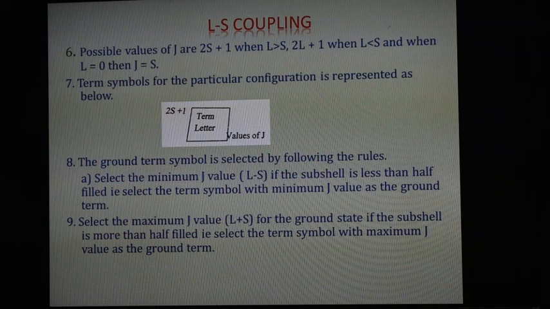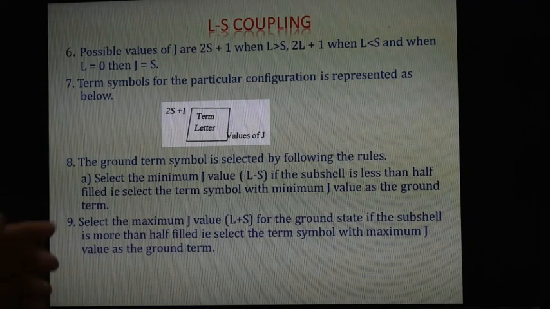In the next slide, the sixth important point is that the possible number of values of J is 2S plus 1 when L is greater than S, and 2L plus 1 when L is less than S, and when L equals 0, then the value of J is equal to S. The seventh point is how to represent the ground state term letter. The term symbol for a particular configuration is represented as shown here.